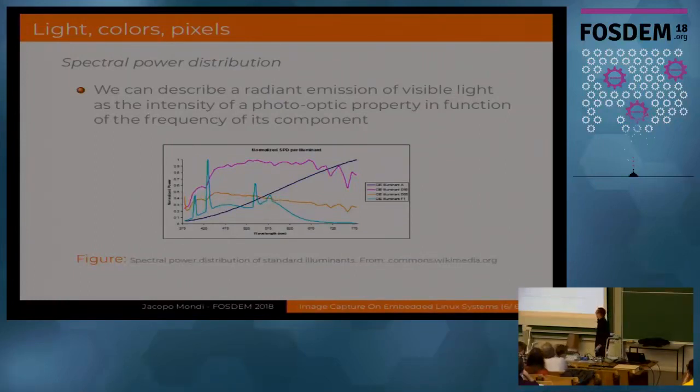The way it is usually described is that if you take each component, each with a specific wavelength, and you plot the value of specific photometric properties like lighting power, depending on what you're measuring, you get what is called the spectral power distribution, which is the graph over here. It's interesting because sometimes colors that are perceived as the same color are actually different if you look at the spectral power distribution. But we know that, let's say, a particular color has these values as a function of the wavelength of the components of the light beam.